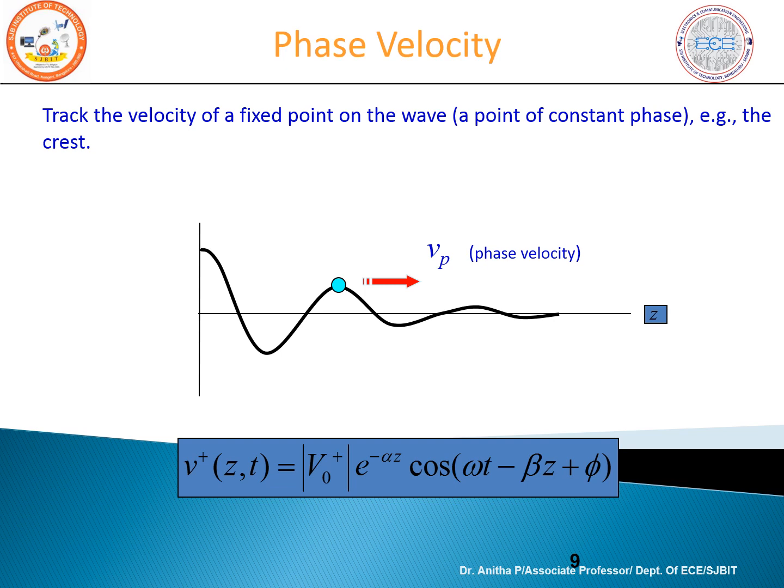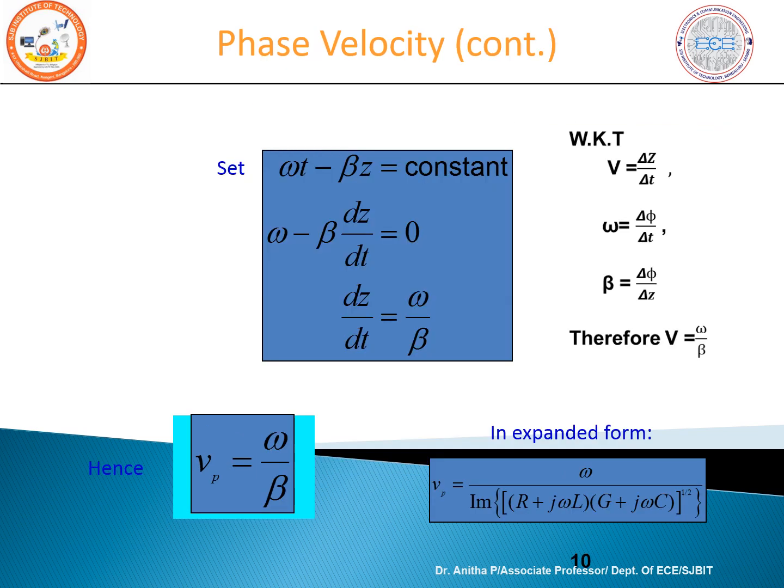Now we will consider the phase velocity, the velocity with which the wave is traveling. For that, let us take the velocity of a fixed point on the wave, for example the wave crest. So the phase velocity I want to determine, from v plus of z comma t, as we just saw in the expression. In that expression, omega t minus beta z will become a constant.